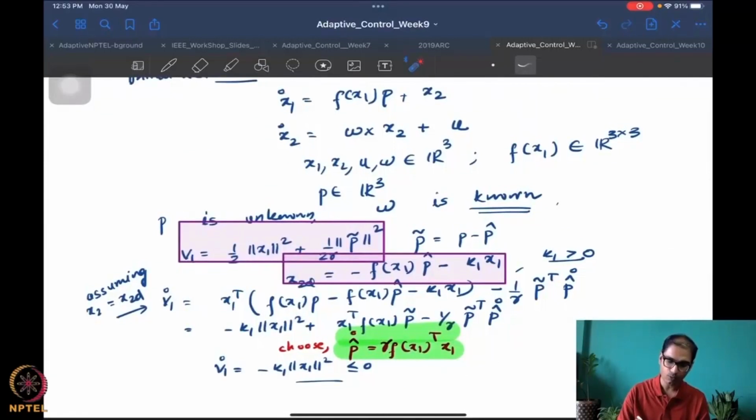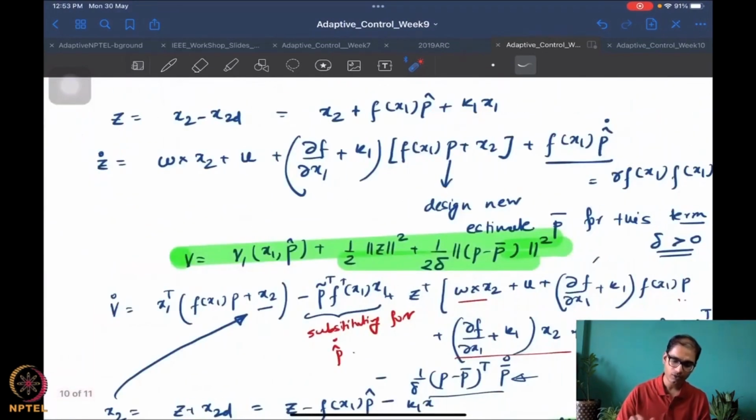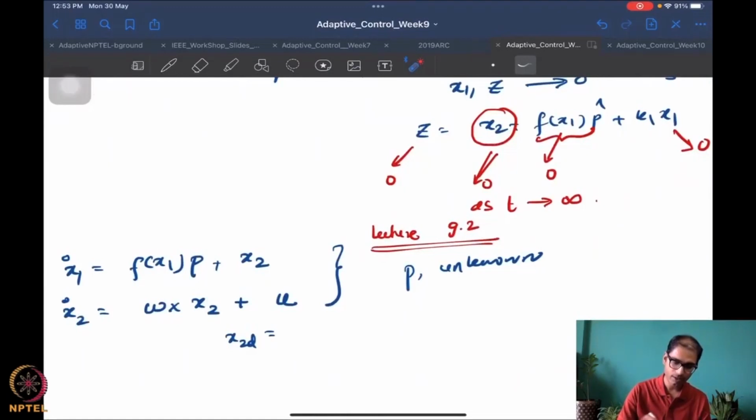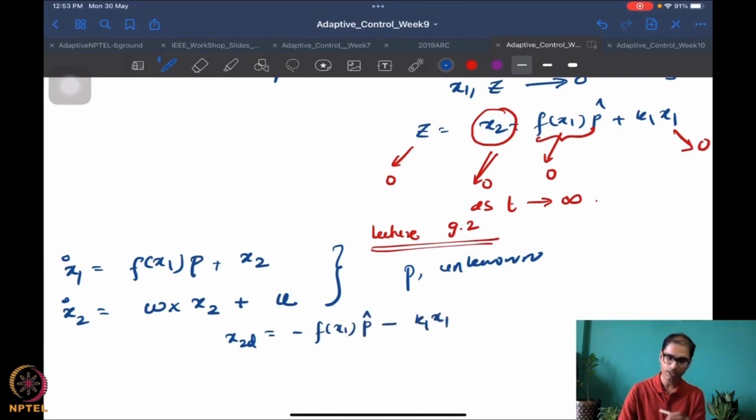So the x2 desired is just motivated by the dynamics, right? You just try to cancel whatever you can and introduce an estimate. So that's exactly what we do. So x2 desired is the same, and so that's going to be minus f(x1) p cap minus k1 x1, right? Introduce a good term and try to cancel as best as possible the bad term. So therefore the estimate gets introduced, but notice that we are no longer going to declare a candidate Lyapunov function V1.